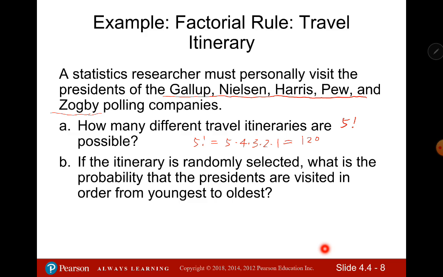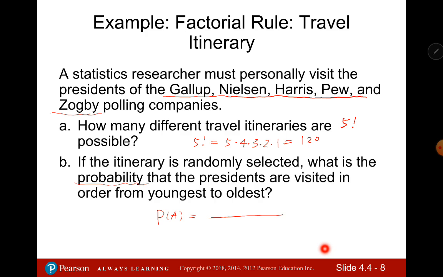Okay, now let's check the second question. If 1 is randomly selected, what is the probability? This time we'll talk about probability. So we use the probability of this event, and the presidents are visited in order from youngest to oldest.